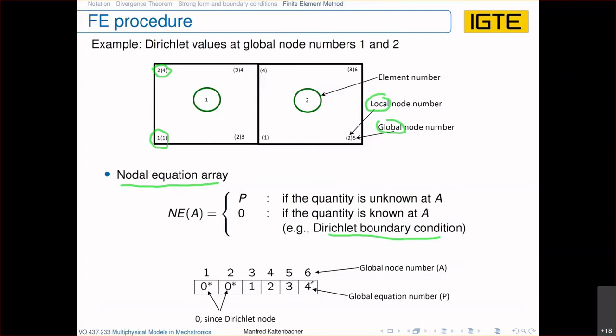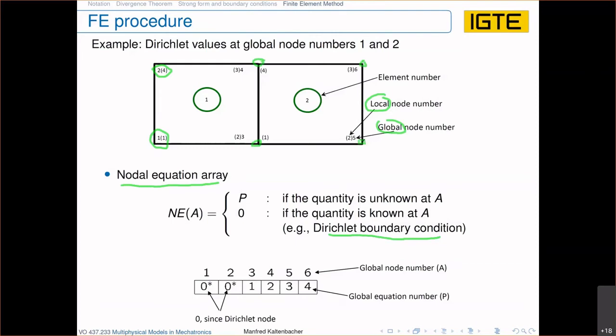So at the end we should have a system matrix with just 4 unknowns which we want to compute, at this node, this node, this node, and this node.